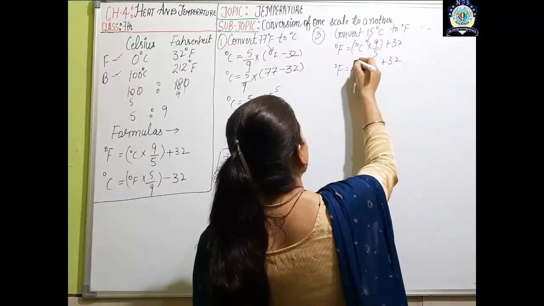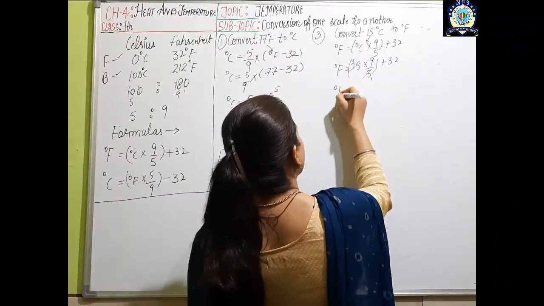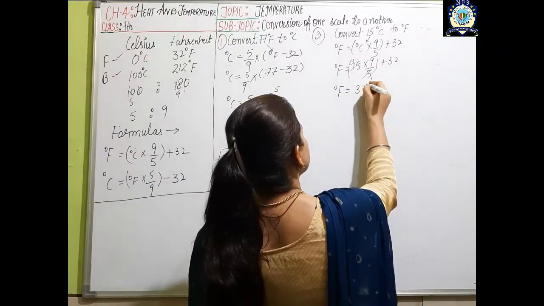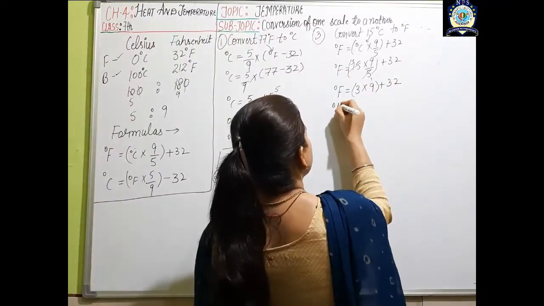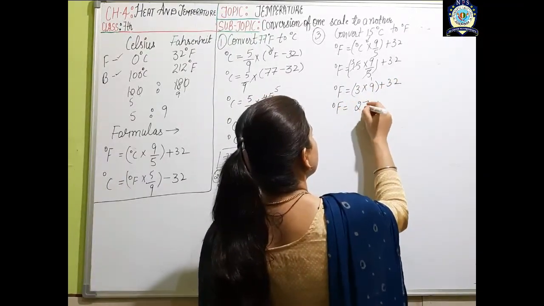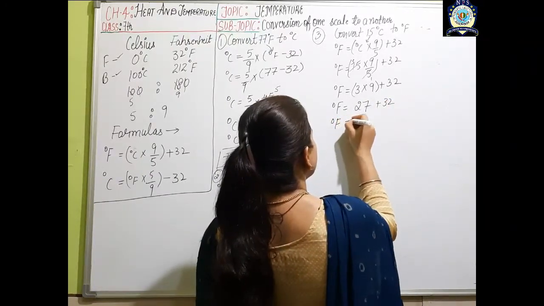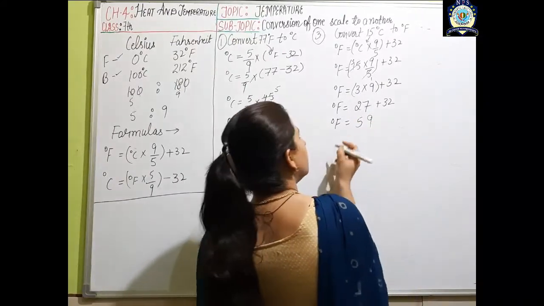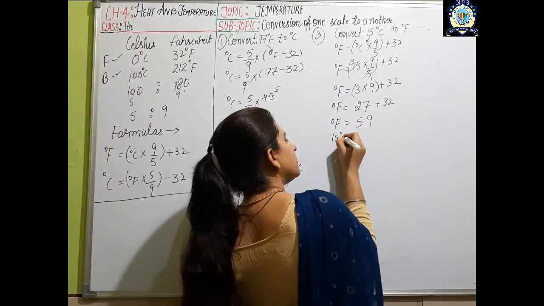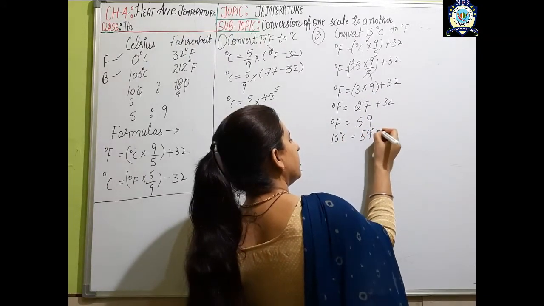We'll cut 5, 3 5s are 15. Okay, then degree Fahrenheit is equal to 3 multiplied by 9 plus 32, that is 27 plus 32, then degree Fahrenheit is equal to 59. So 15 degrees Celsius is equal to 59 degree Fahrenheit.